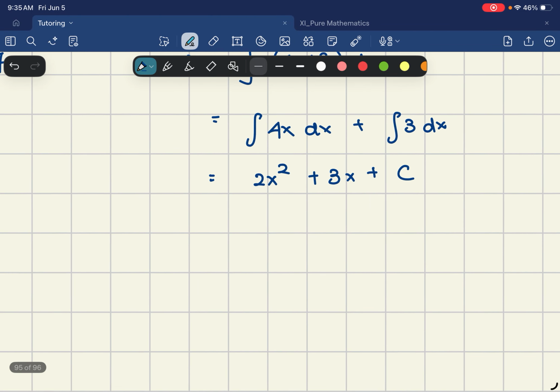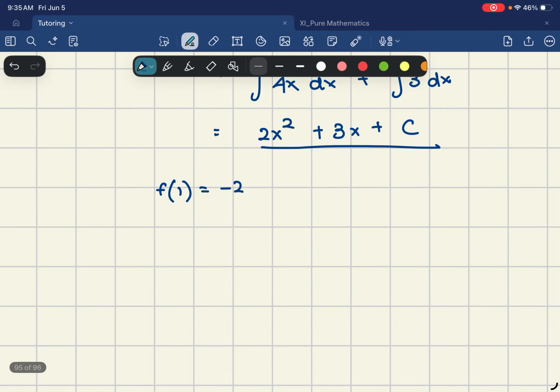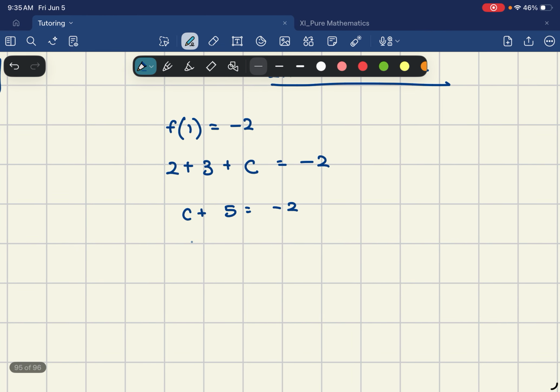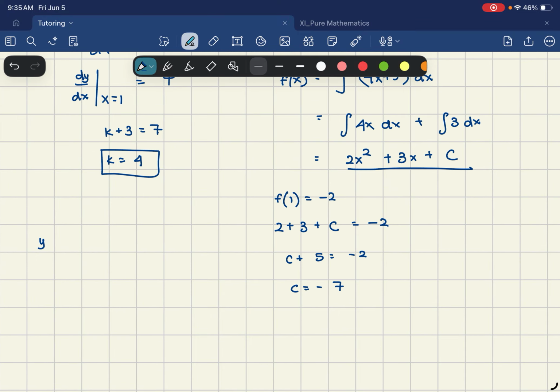So f of 1 is equal to negative 2. Substitute 1 here. You get 2 plus 3 plus c equals negative 2. So c plus 5 is equal to negative 2, and c is equal to negative 7. So we are done. The equation of the curve, y, is 2x squared plus 3x minus 7. And we are done.